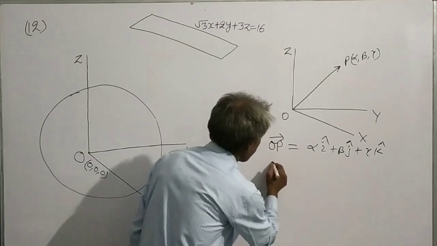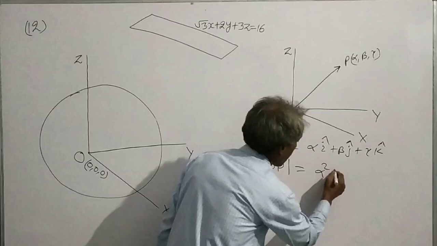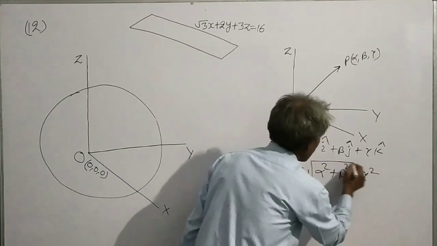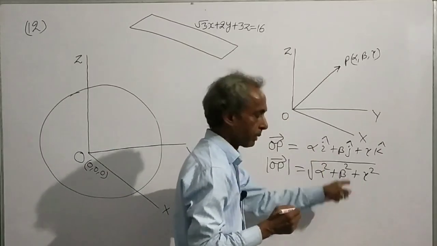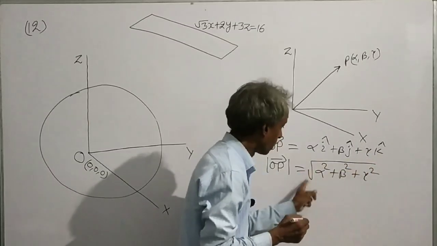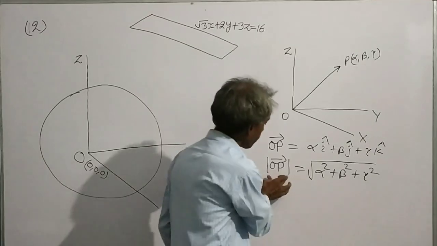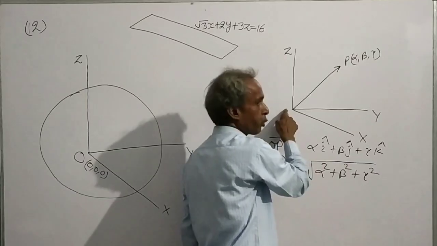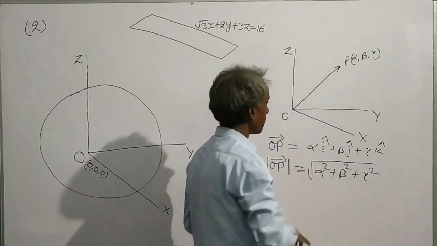And mod of OP is equal to the square root of alpha square plus beta square plus gamma square. Mod of OP means the length of point P from point O, that means the length of line segment OP.